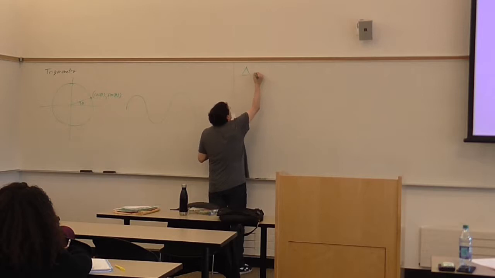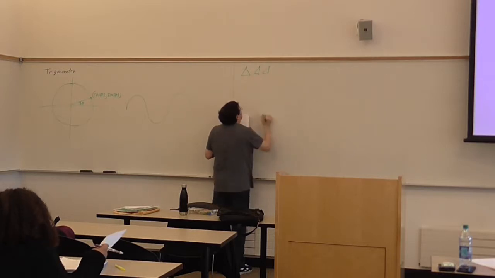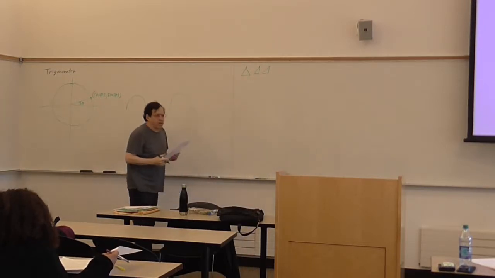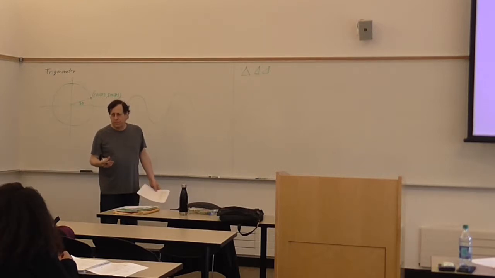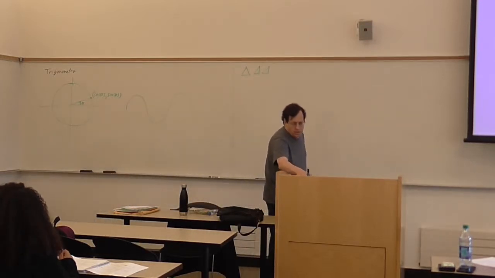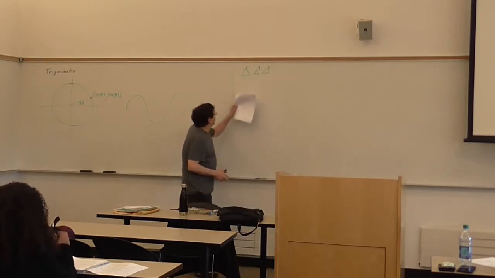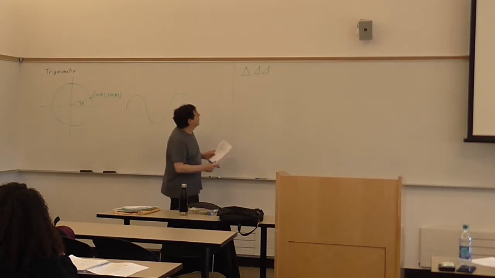Well, really a 30, 60, 90 triangle, and an isosceles right triangle, 45, 45, 90. Just want to review the fact that with very little basics in geometry, you can figure out the sines and cosines of a number of important angles.